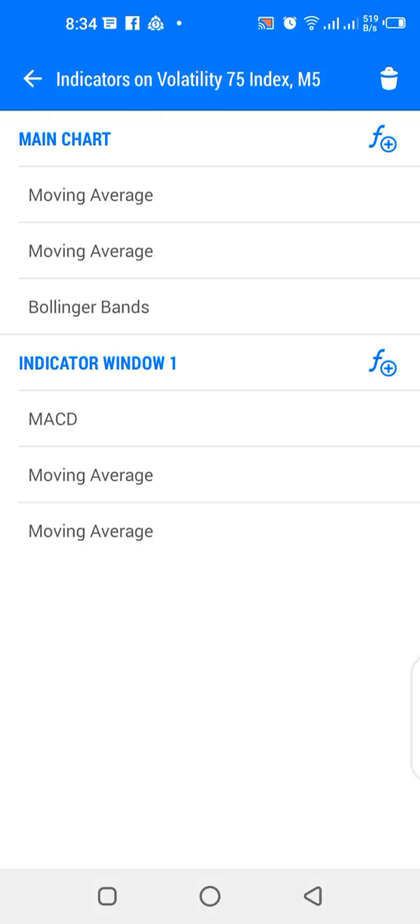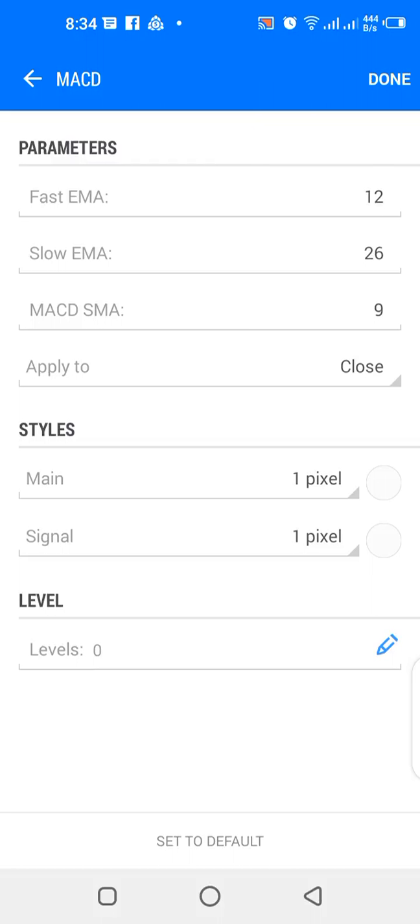Just like what we have on the upper window, we have the same setting for the main chart for the lower window. But for the indicator window 1 of the lower window, we have MACD 12, 26, and 9, just like what we have on the upper window.